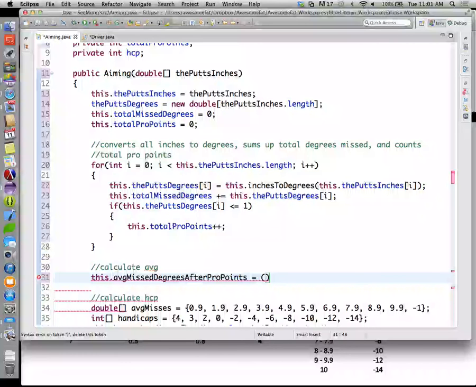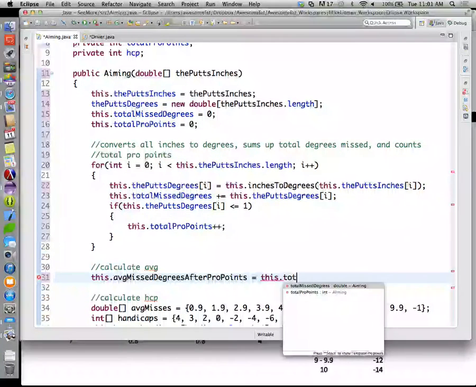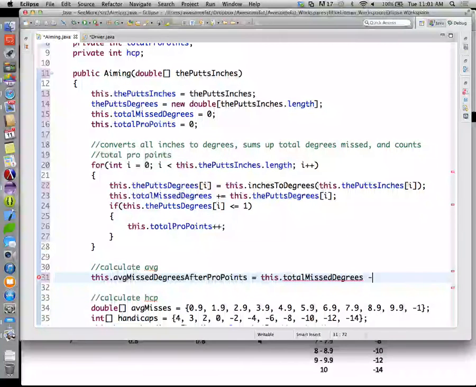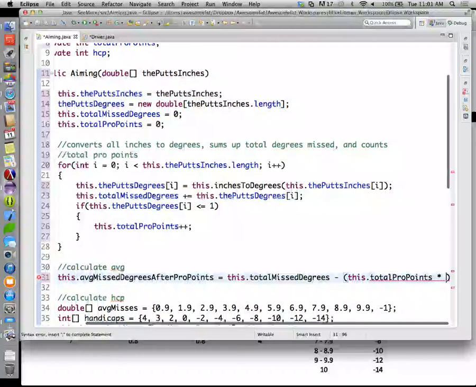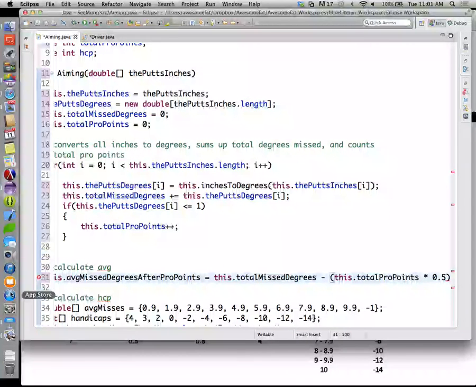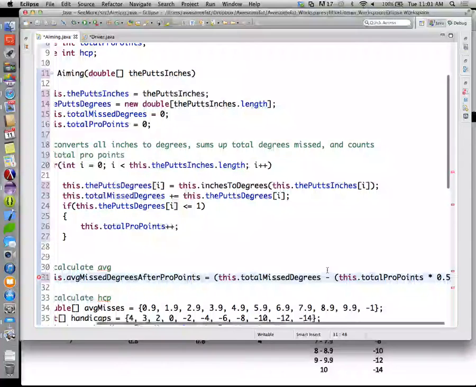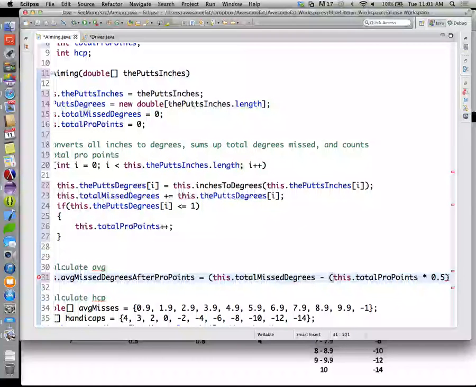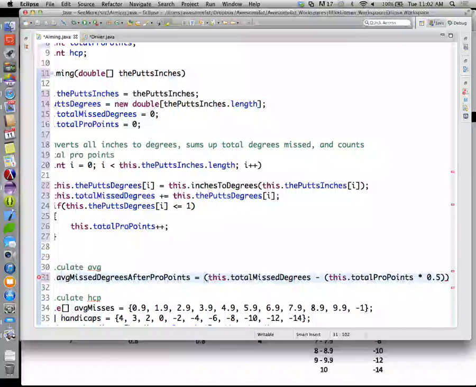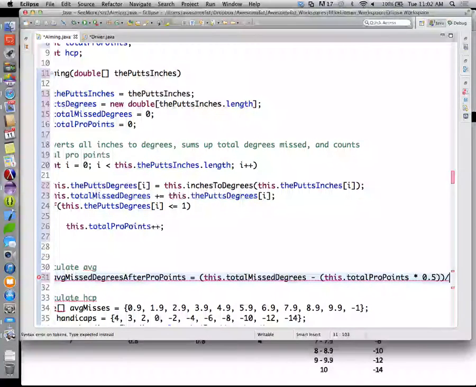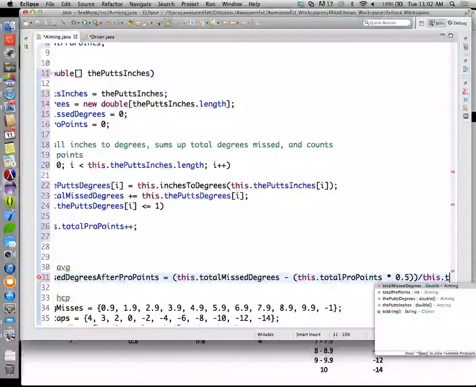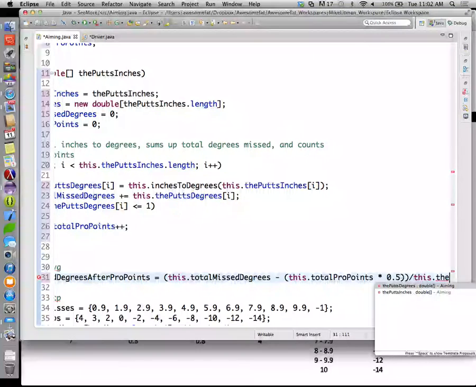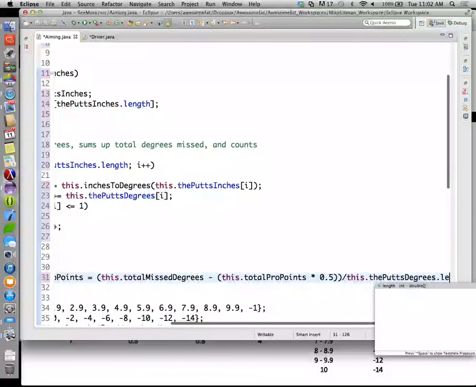Actually, no, we need to get this.total missed degrees, subtract from that this.total pro points times 0.5. And then what are we going to do with that? We're going to divide that by this.the putts degrees.length.